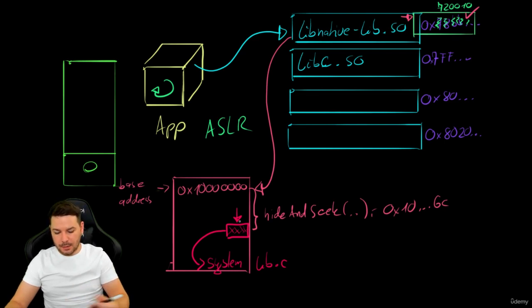But if we are assigning every time a new address to the base address, then this layout over here will change. So this one over here, the offset is still the same, but this one is, for example, not 10 anymore. This one is now 720, or maybe it's located now at 710, or maybe at a completely different one, 8020, things like this.